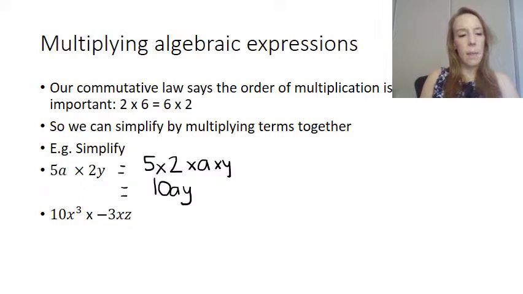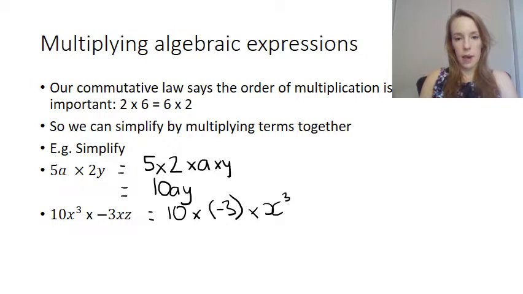Our second example, we've got 10x to the power of 3 multiplied by negative 3xz. Again, I'd rewrite it. I'd put like terms together and put our numbers together. So we'll have 10 multiplied by negative 3, and then we can put all our pronumerals together: x to the power of 3, x, z.